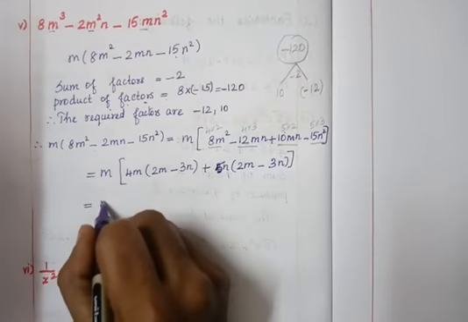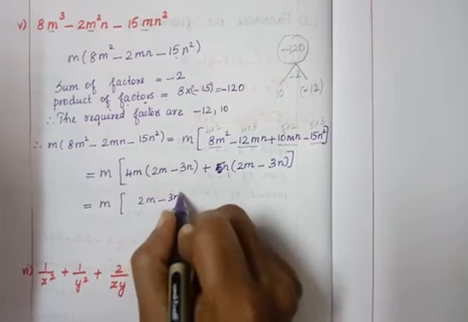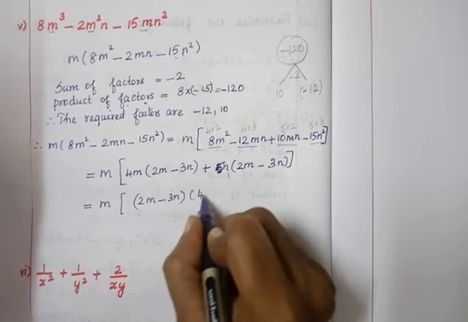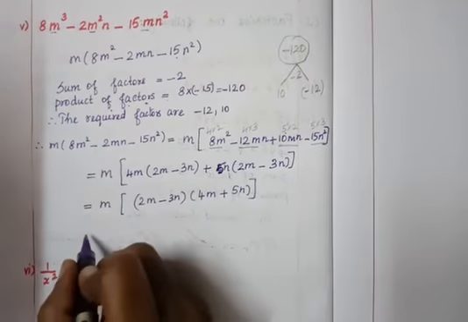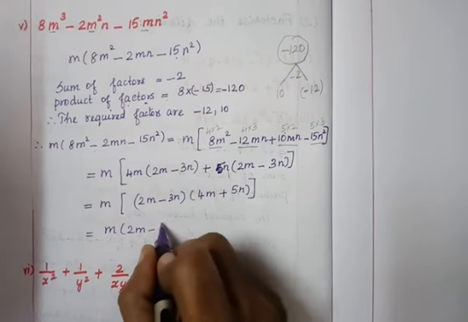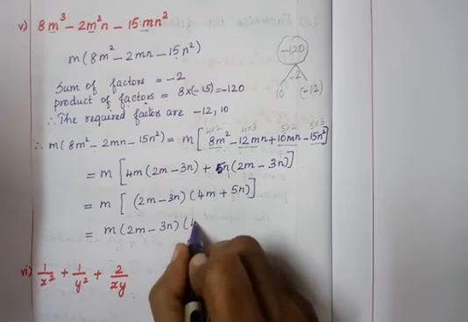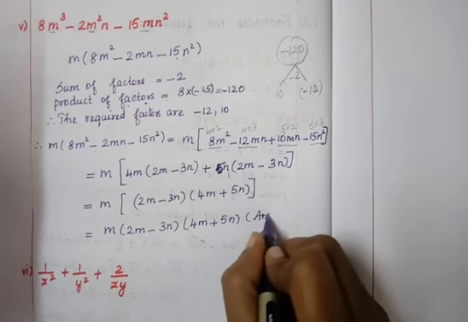This is equal to m into 2m minus 3n into 4m plus 5n. This is the answer.